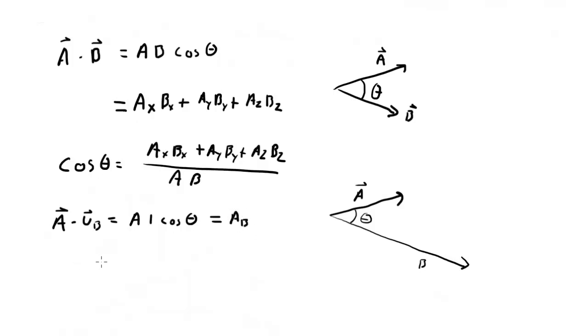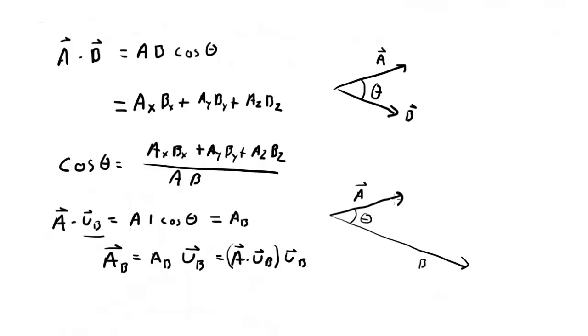Well, how do we determine its direction? Its direction is the same direction as B. So A_B is equal to the magnitude of A_B times UB, which is equal to A dot UB times UB.